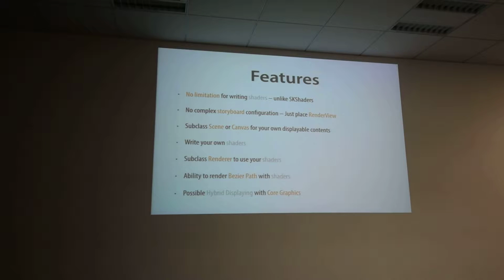So unlike ASCII shader and SpriteKit, Metal's limitation is actually your limitation. Render view wraps MTKView, scroll view, and dummy content view as subviews and is constructed by code. You don't have to prepare any complex storyboard wiring, just place render view on the storyboard and it just works.